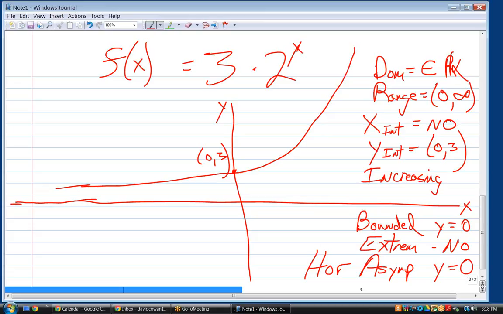What's the concavity? It's concave up. This is concave up. This is concave down. In other words, this is up, this is down.